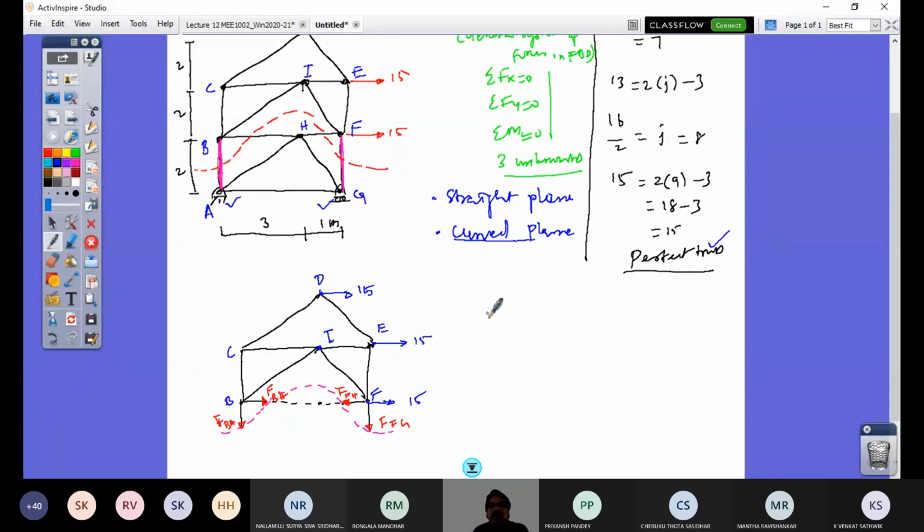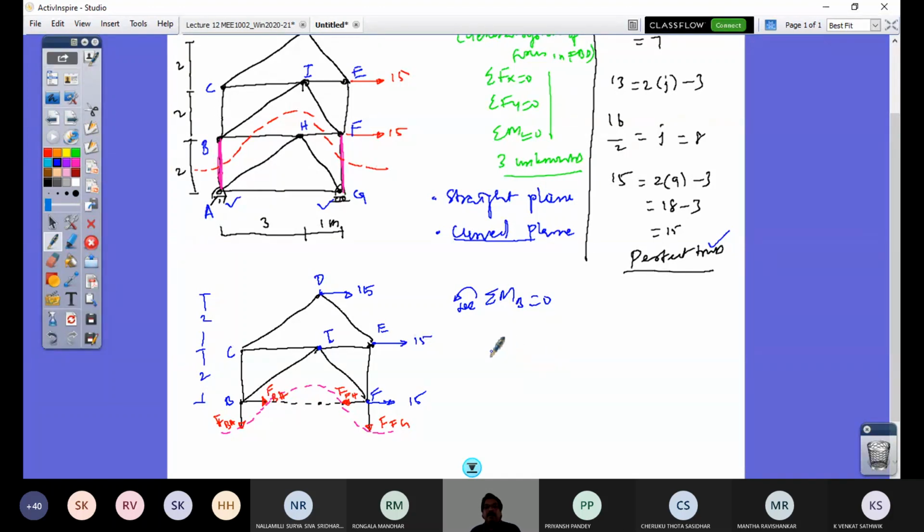So let me find out now FFG by taking moment about point B equal to 0. Applying counterclockwise moment positive. So now these distances are known. This is 2 meter and this is 2 meter. Right.